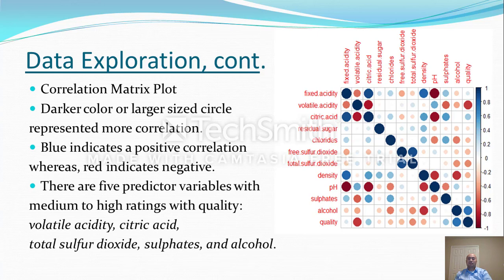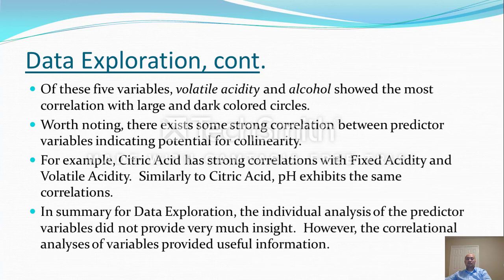There are 5 predictor variables showcased here that show a medium to high correlation with quality. And specifically of these 5 variables, volatile acidity and alcohol showed the most correlation with large and dark colored circles. Worth noting in this correlational plot was that there existed some strong correlations between predictor variables, indicating a potential for collinearity.